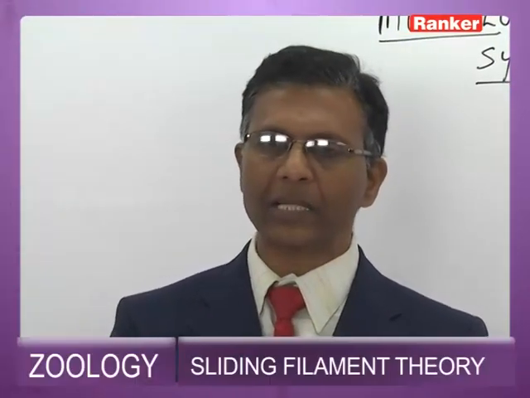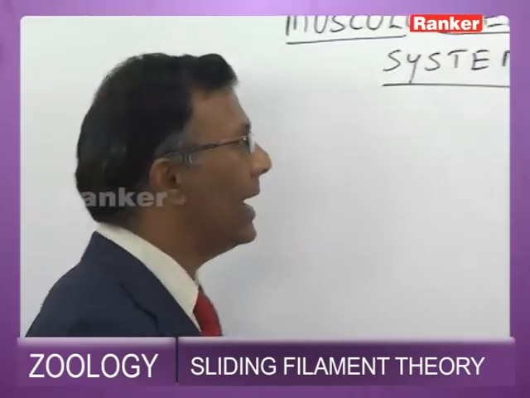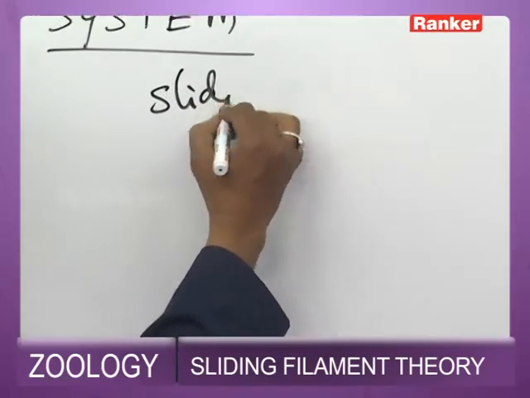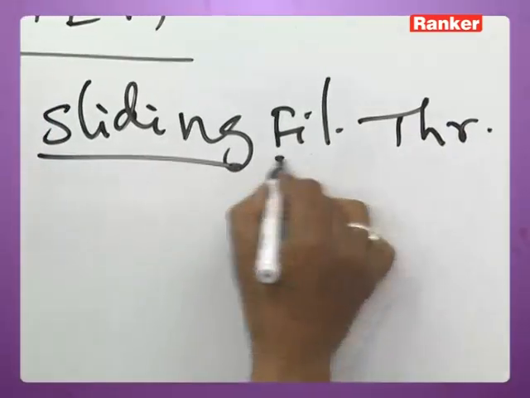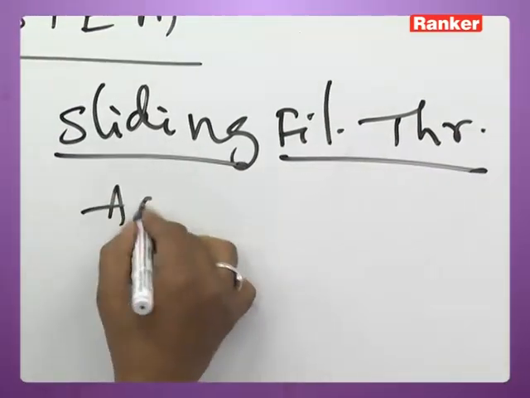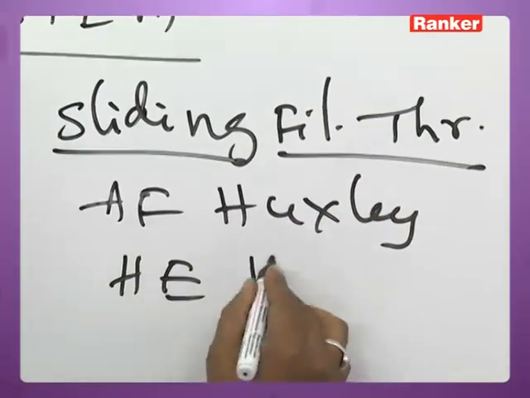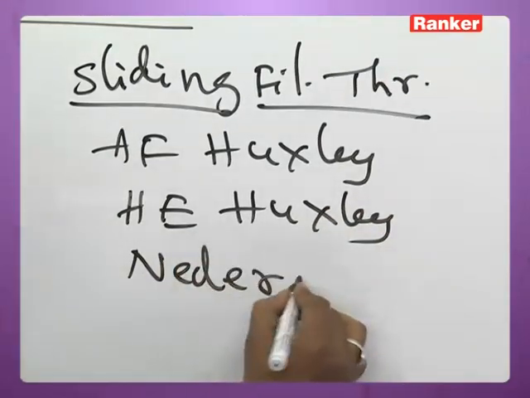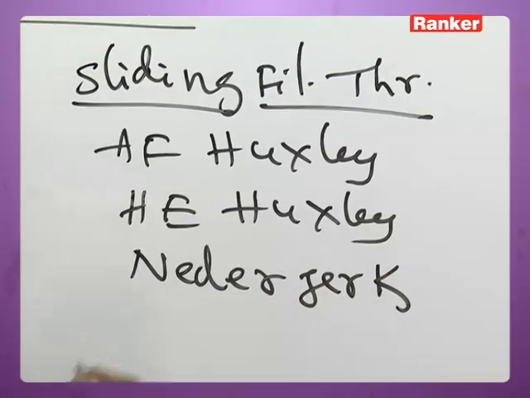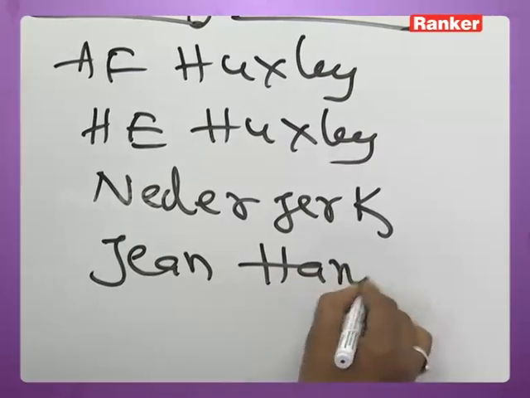Now dear students, we shall talk about the sliding filament theory that tells us about the mechanism of contraction in skeletal muscle fibers. The sliding filament theory was put forth by A.F. Huxley, H.E. Huxley, Niedergerke and Jean Hanson.